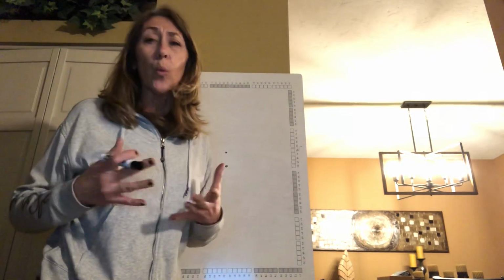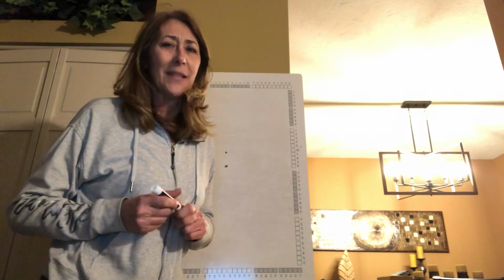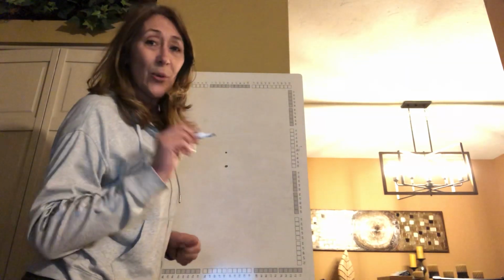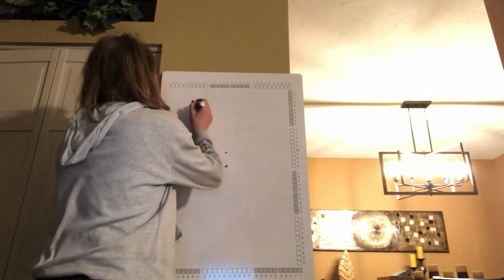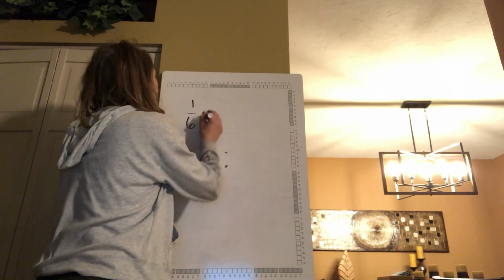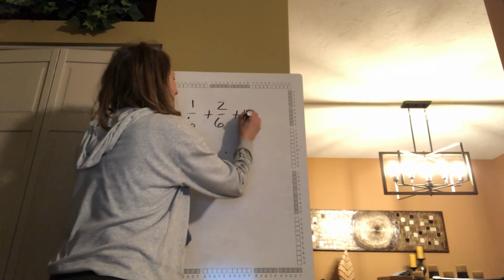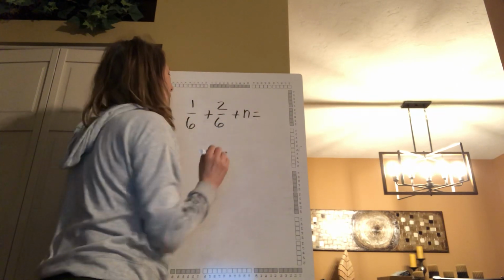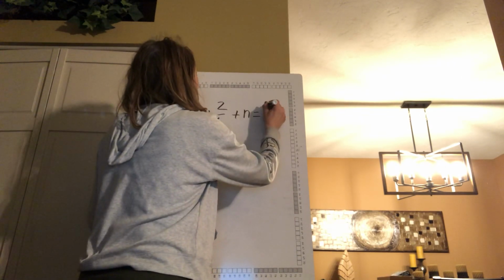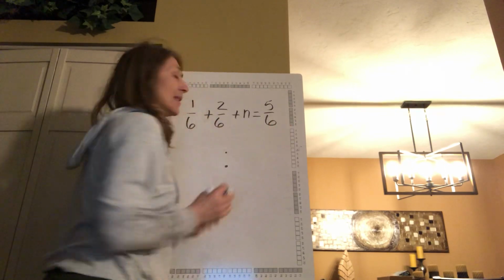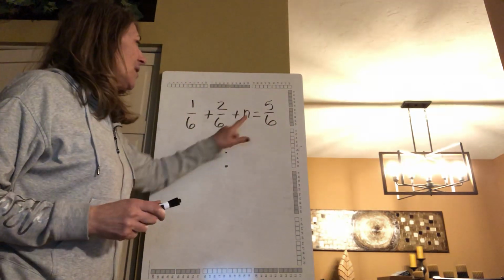Now if we want to get really fancy, I'm going to throw a little algebra in there because we're that smart. Let's try this. 1/6 plus 2/6 plus n equals 5/6. And what do we know about algebra? The unknown.